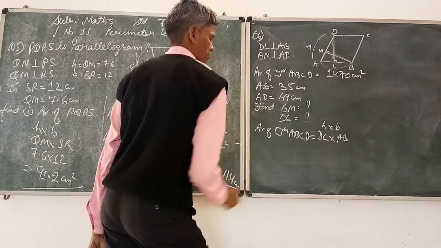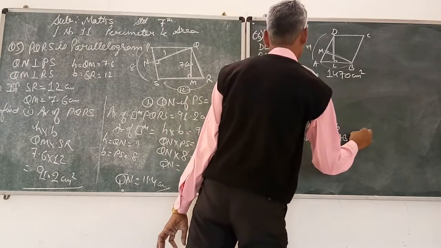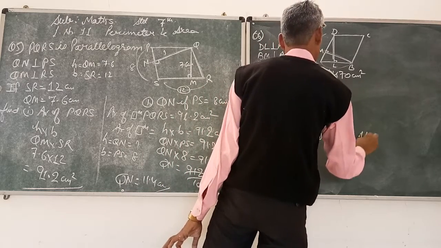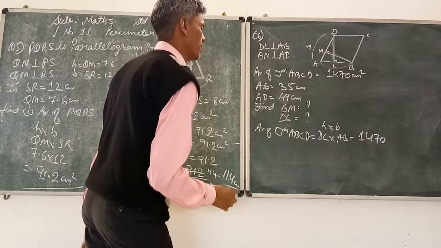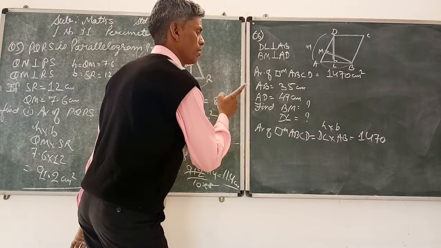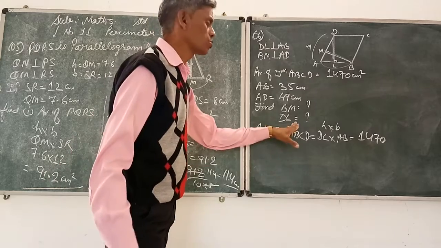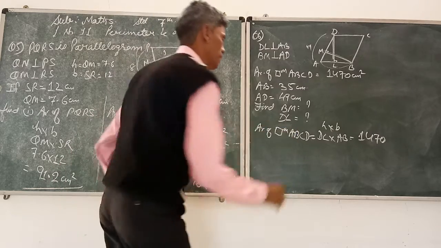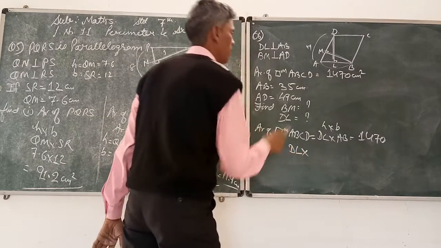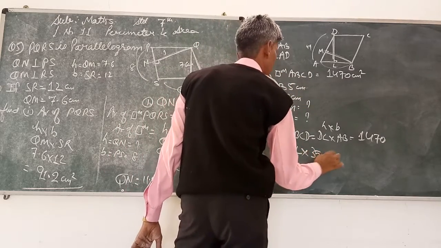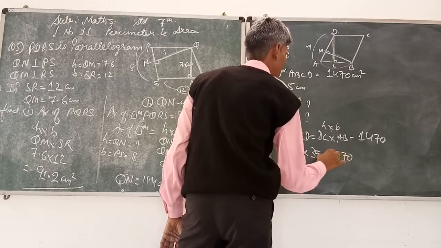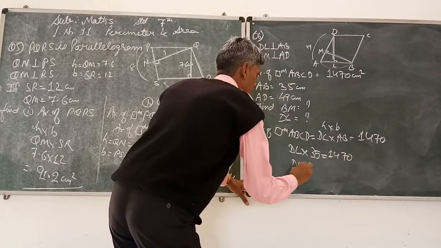Its area is 1470. DL is not given, we have to find it. DL into AB, where AB is 35, is equal to 1470.